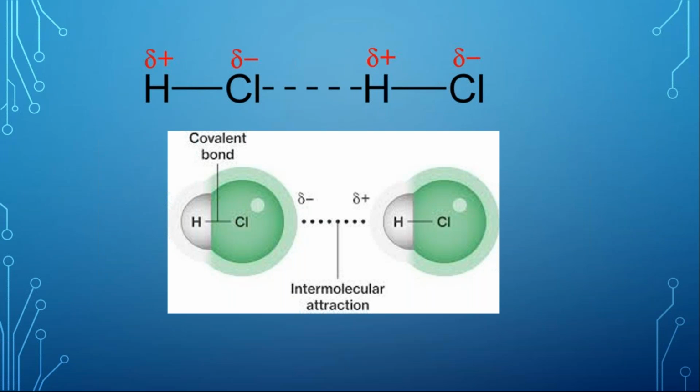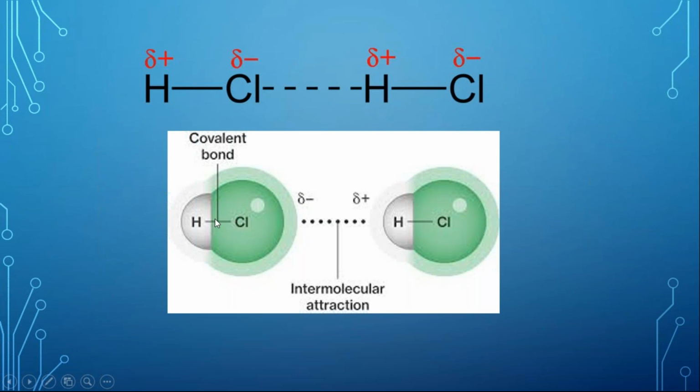This chlorine is highly electronegative, so it pulls the electron towards itself. Hence, there is a partial negative charge on chlorine, and hydrogen, since it is losing the electron, has a partial positive charge.